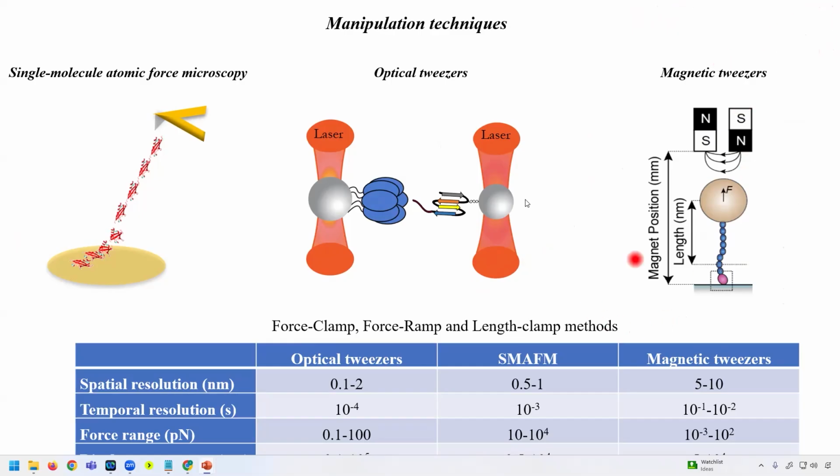If you see the difference between all of them, the spatial resolution of optical tweezers is between 0.1 to 2 nanometers.